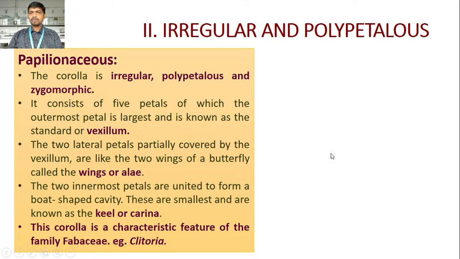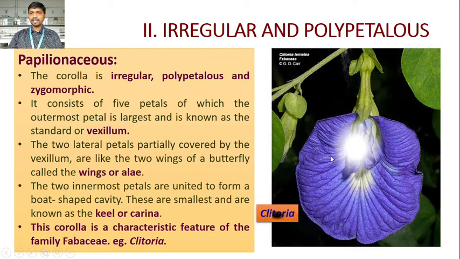This is the photograph of Clitoria, where we can clearly see the vexillum, which is the largest petal. It is also called the standard. Next to this are the 2 lateral petals partially covered by the vexillum, known as the 2 wings of a butterfly, so they are called the wings or ali.